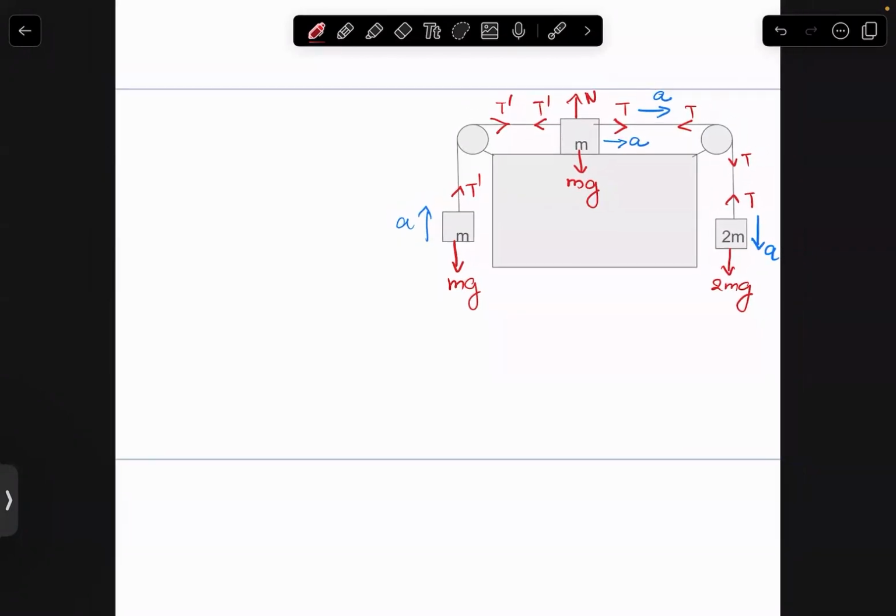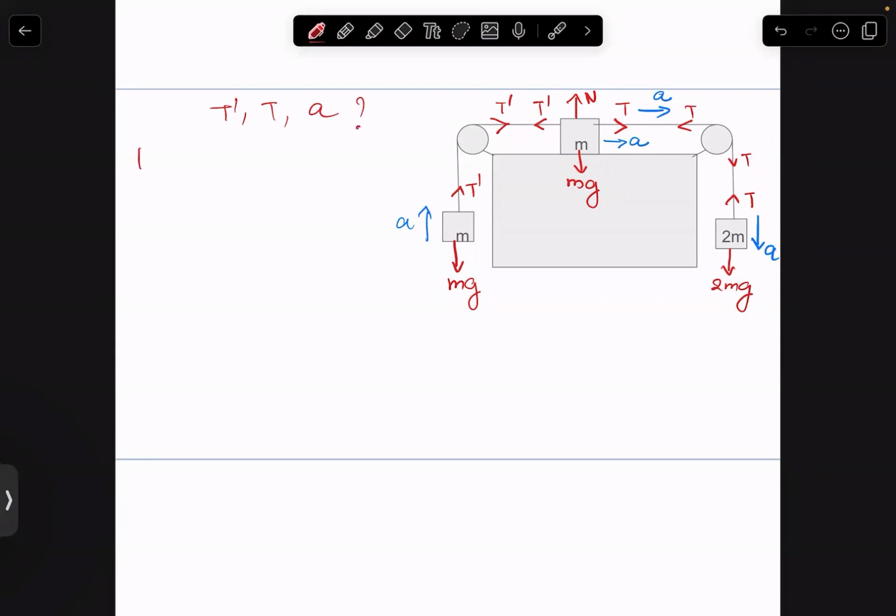Now to solve this, we will draw 3 free body diagrams, derive 3 equations, and then solve them simultaneously to get the 3 unknown values. So what are the unknown values here? T dash, T, and A. We need to find these 3 unknowns, so we need 3 equations.